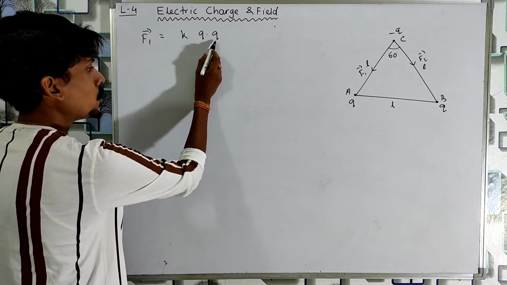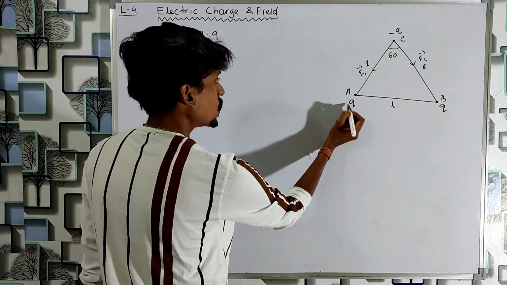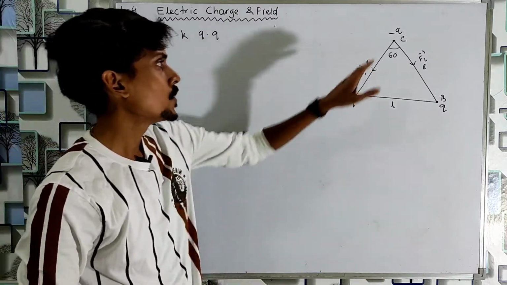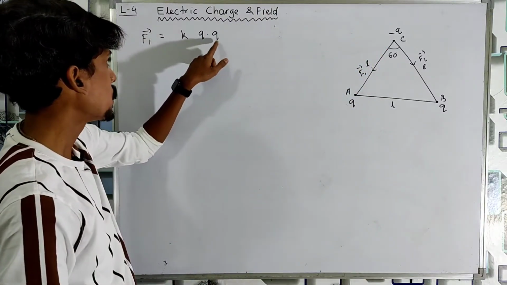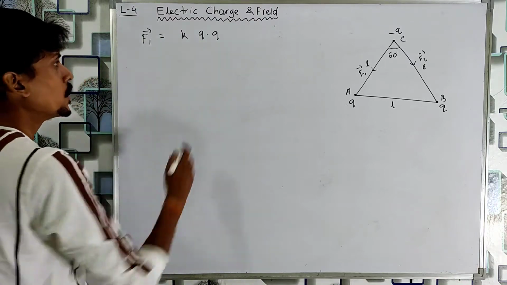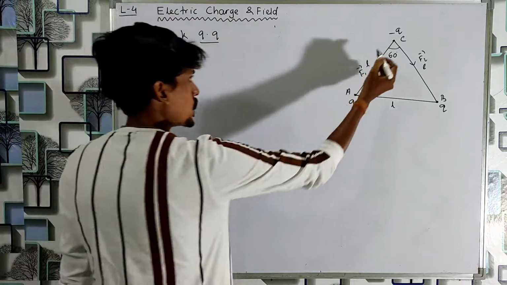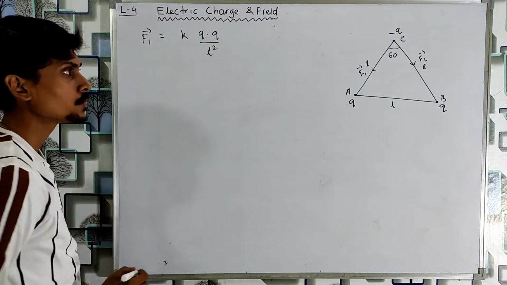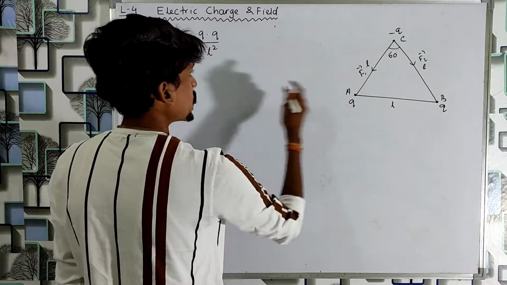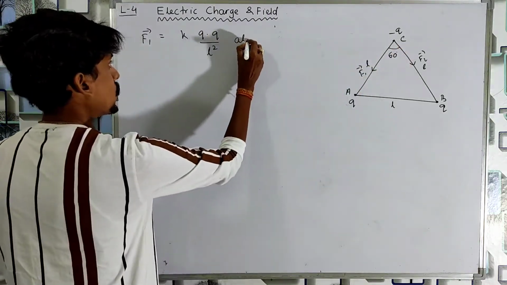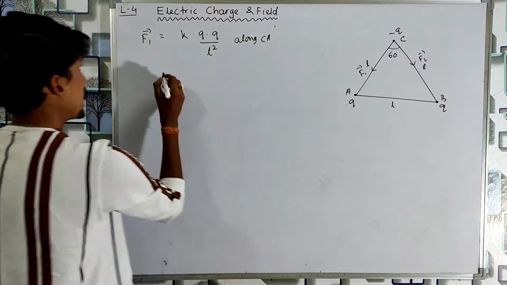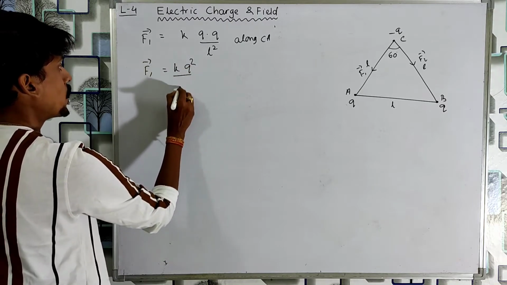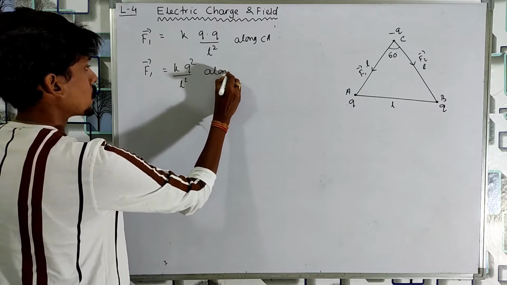So K into Q1 into Q2, Q1 is this charge, Q2 is this charge, but while writing the magnitude of force there is no need to write the negative sign. So I have written Q and Q. So K Q into Q divided by distance square. The distance between the two charges is L, so I can write L square here. Is that clear? And the direction of this force is along CA. So F1 vector is equal to K Q square by L square along CA.